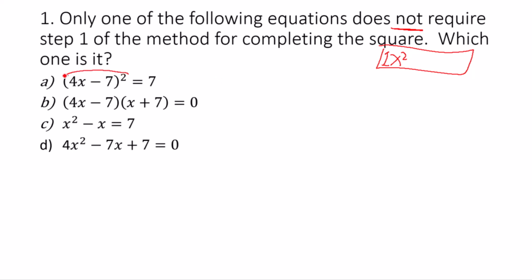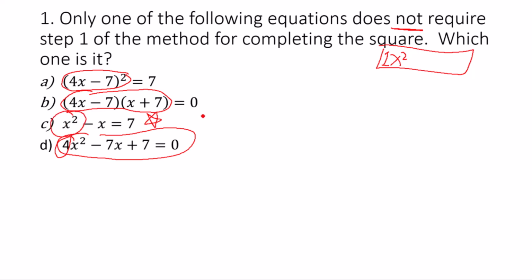When you expand this, it's not a 1x squared. You can tell that immediately, I hope. When you expand this, it's not a 1x squared. And looking down here, obviously, there's not a 1x squared there either. This is the one. It starts out with 1x squared, so that's your guy.